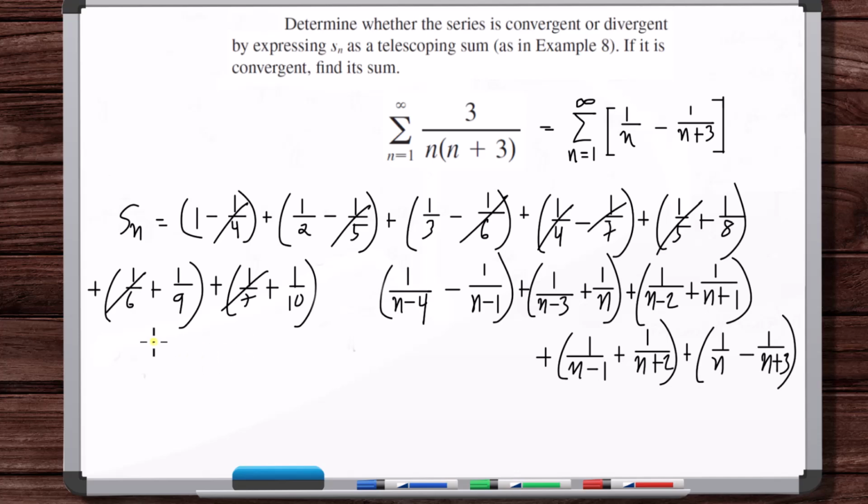We'll say plus 1/8 plus 1/11 plus 1/9 plus 1/12 plus, like that, okay? So we can see the, or no, this is minus. And these are minuses in here.